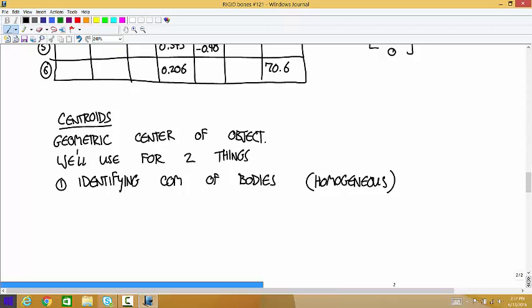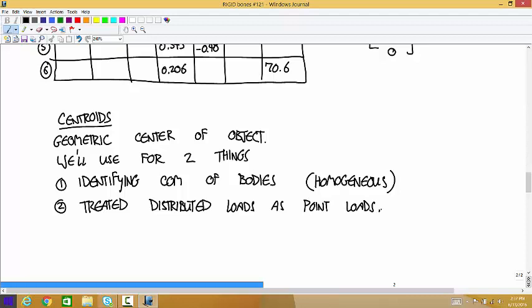And then the second thing we're going to use it for is treating distributed loads as point loads. And really, these are the same thing.